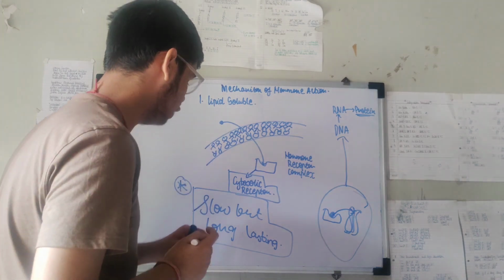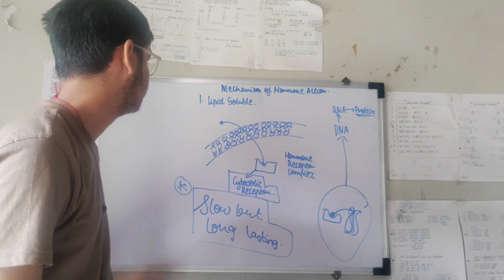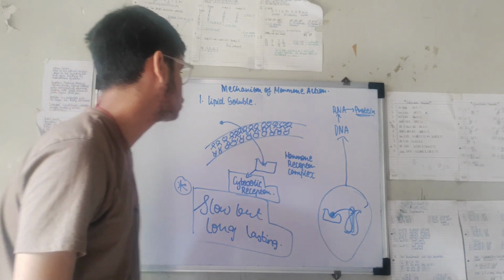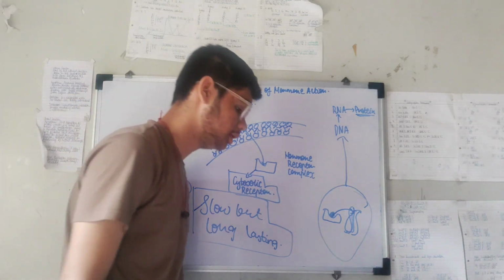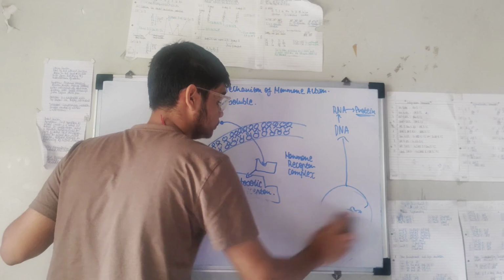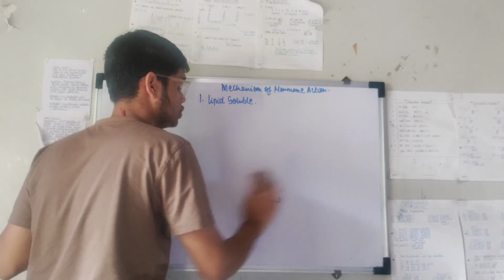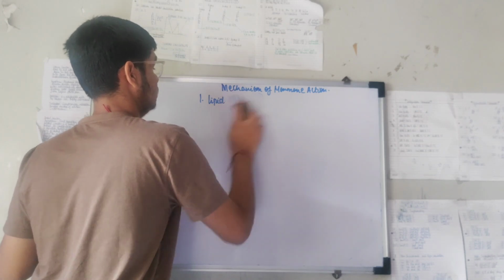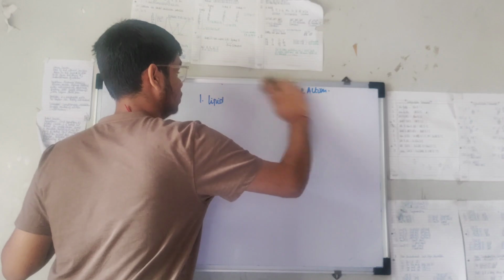Slowly they act, but their effect is long lasting. This is all about lipid soluble. Now our next concern is lipid insoluble, which is more difficult to understand than this. This was easy, but I will make it crystal clear to everyone.